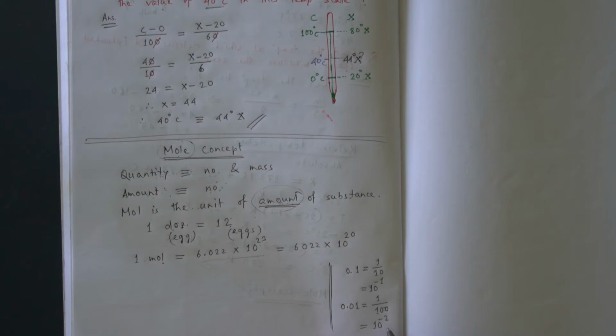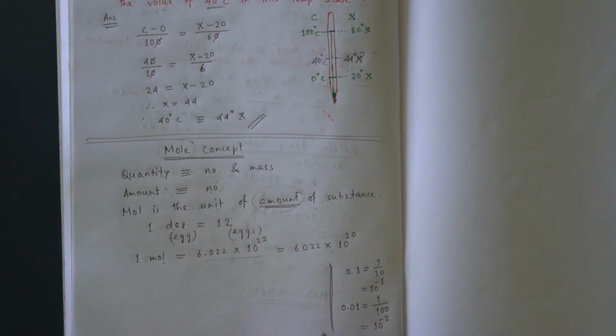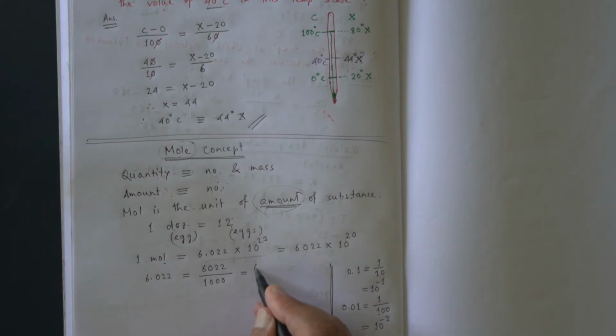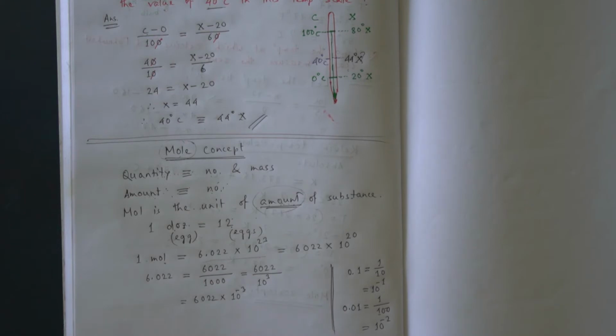Similarly, 6.022 I can write like 6022 by 1000, that means 6022 by 10 cube, or I can write 6022 into 10 to the power minus 3.